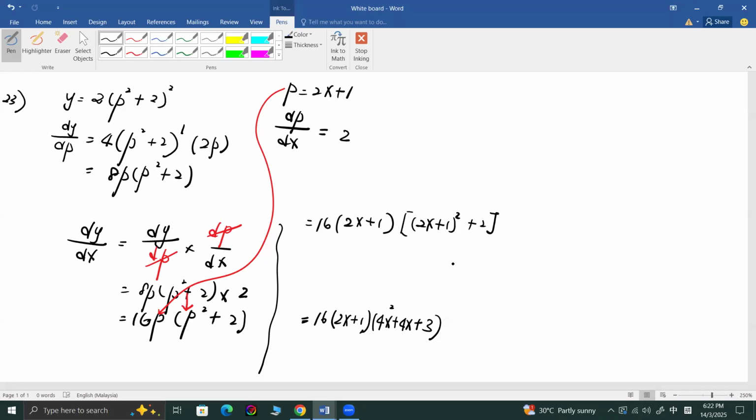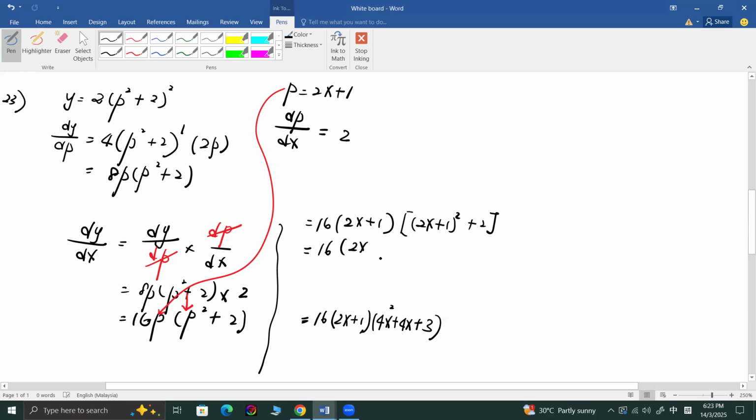Okay, so George, you have no need to expand this one. Here it is 2x plus 1 only. Why do you go and expand? No need.